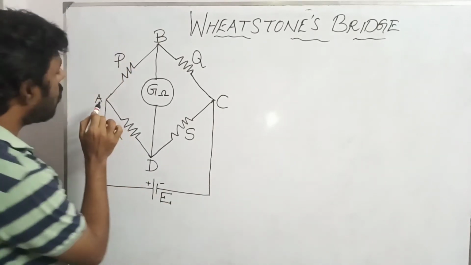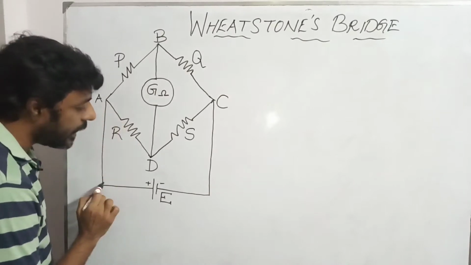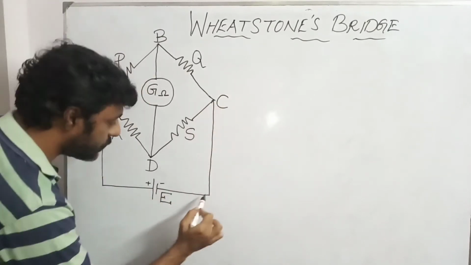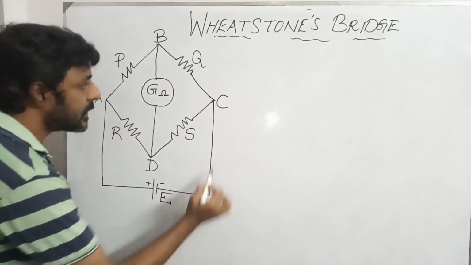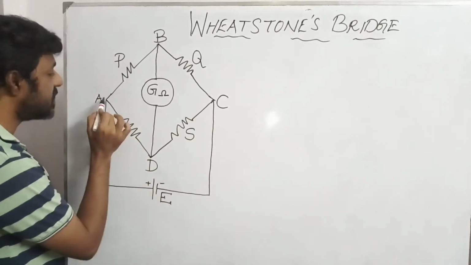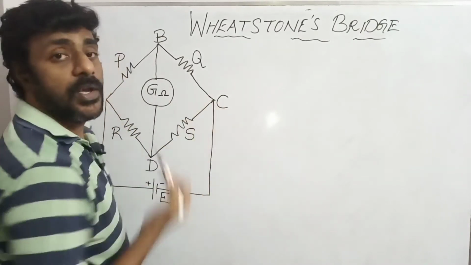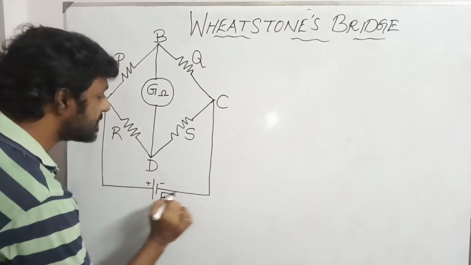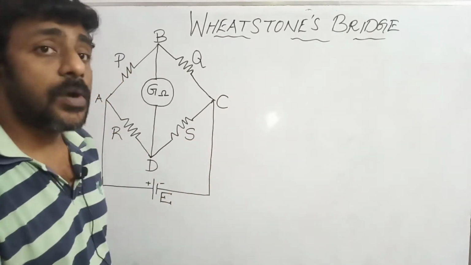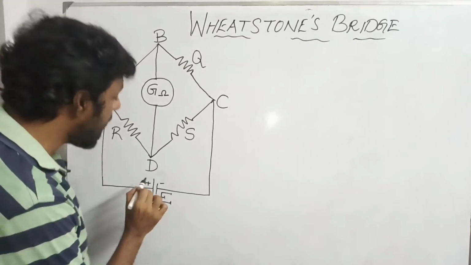Okay, so what will be from A to C? That is, the wire which connects A to C is named the battery arm, because it is having a battery.